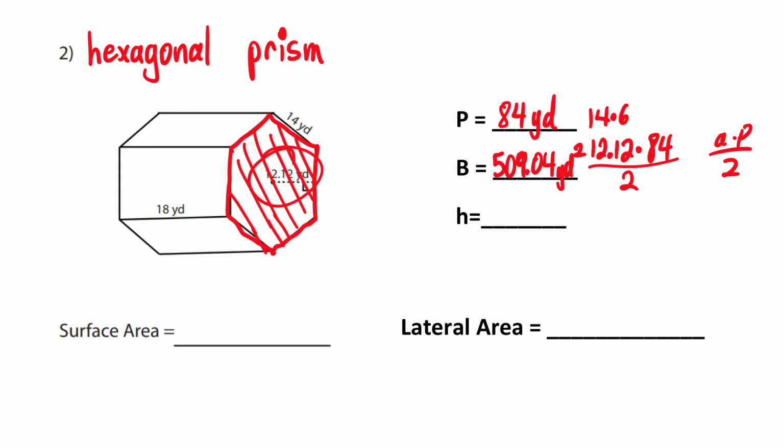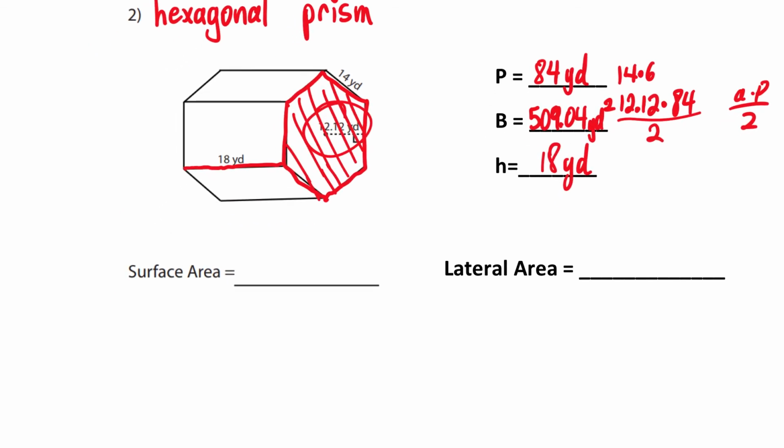And what is the height of this hexagonal prism? 18. Remember, the height is the distance between the bases. In this case, it is 18 yards. Okay, so again, surface area means total surface area.